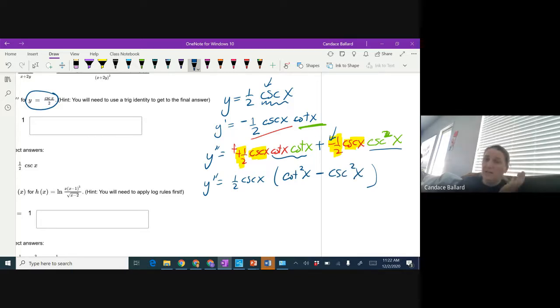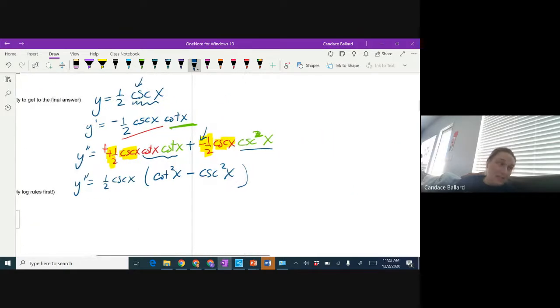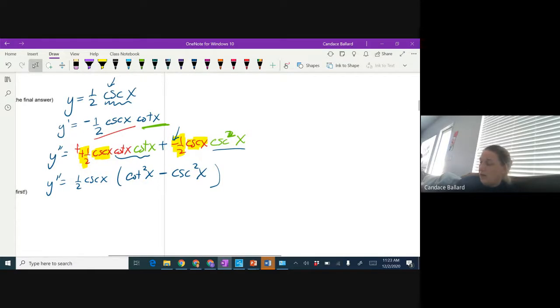I want you to think back to the beginning of the year, and we have the Pythagorean identities, which we could rearrange. One of our Pythagorean identities was 1 plus cotangent squared x equals cosecant squared x.